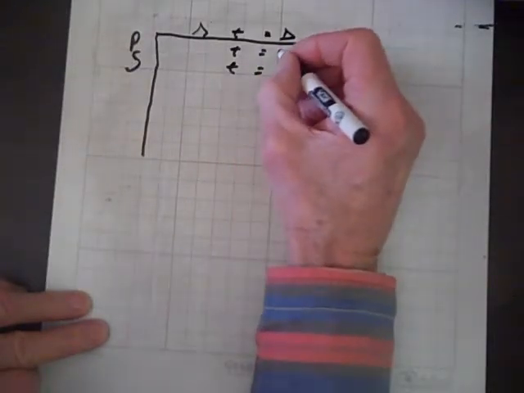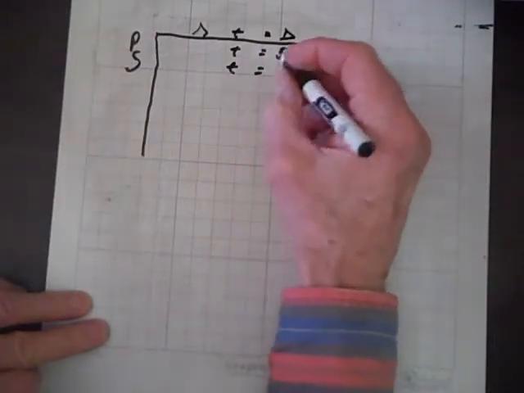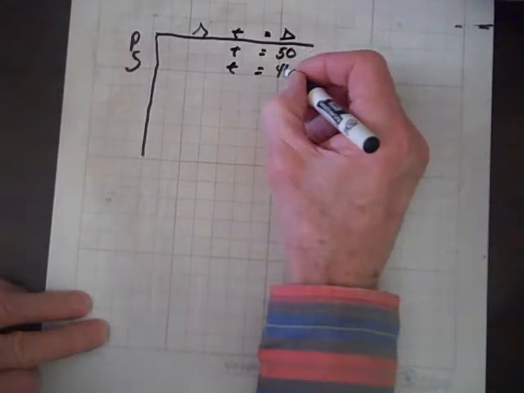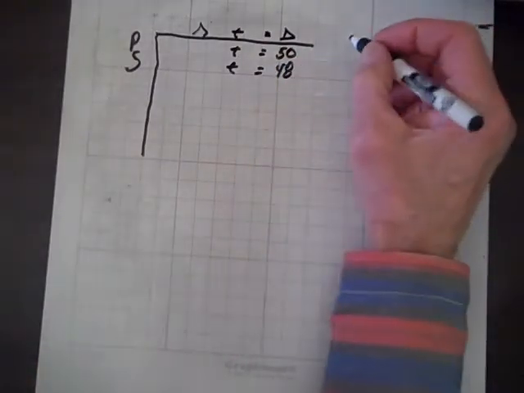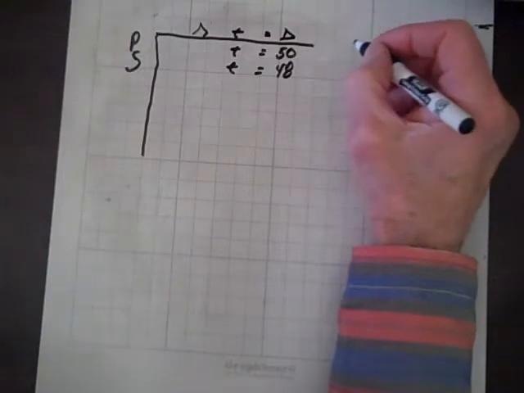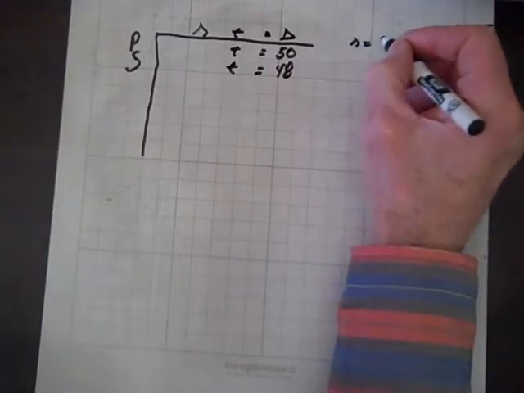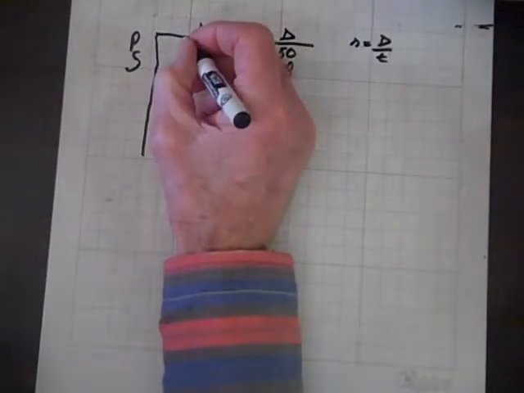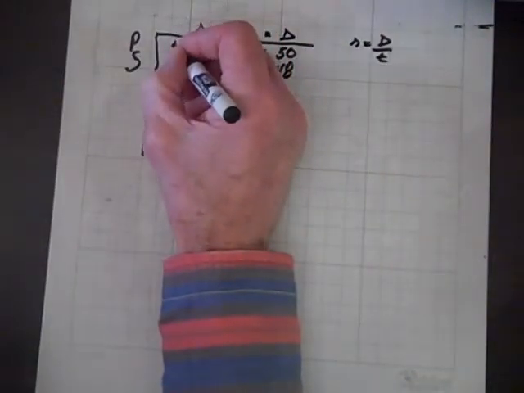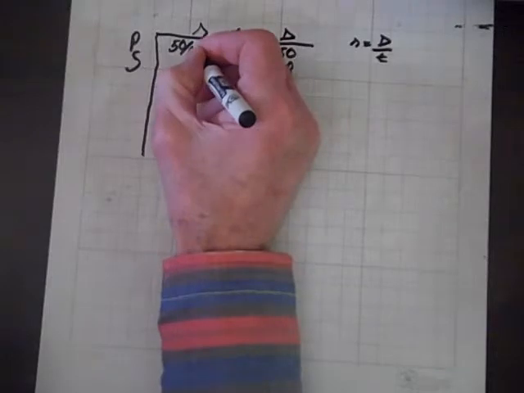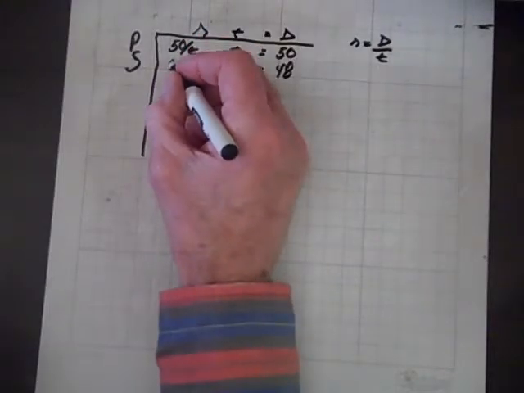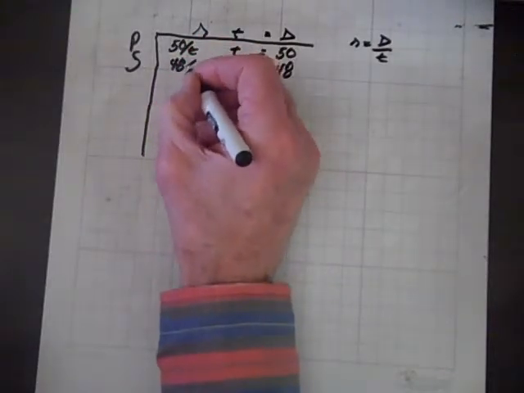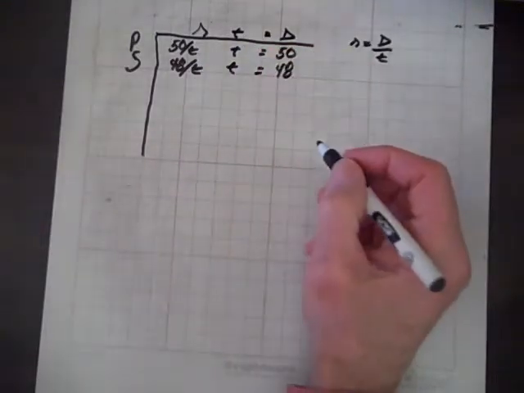Paul ran 50 meters when Saul ran 48. And so rate then equals distance divided by time. So Paul's rate is 50 divided by t. Saul's rate is 48 divided by t.